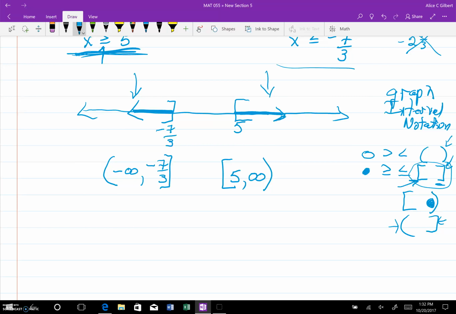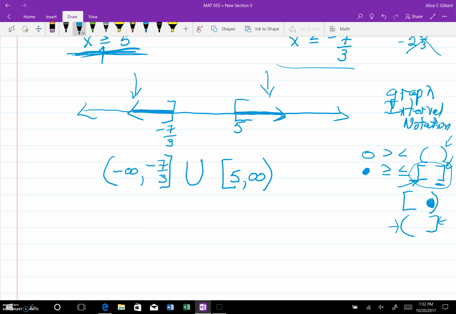But when I've got two different things like this, I have to put what's called a math union symbol, and it's not a U, guys. Do not put a tail on it. It's a union symbol. And that means, when I look at this, that my x is everything from negative infinity up to and including negative 7/3, and everything from 5, including 5, all the way up to positive infinity.